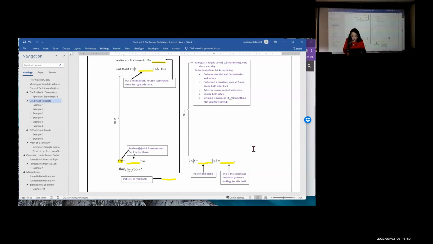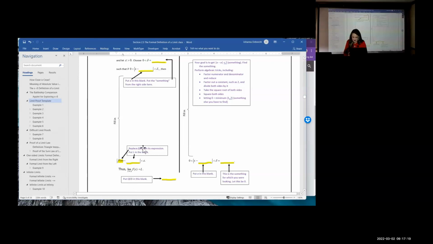The last thing that we put on the formal stylized side are the letters QED, which stands for quod erat demonstrandum, which means quite enough has been shown or quite enough demonstrated, or in grad school, we used to say quite enough, damn it, right? Because by the time we got to the end, we were really finished and done.